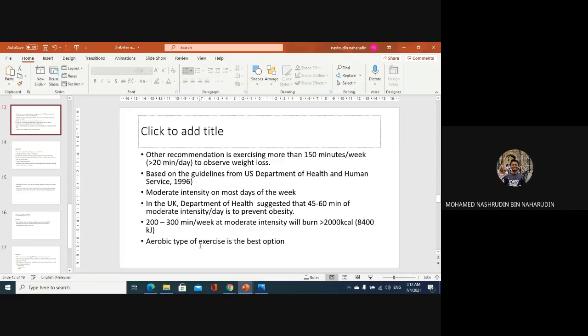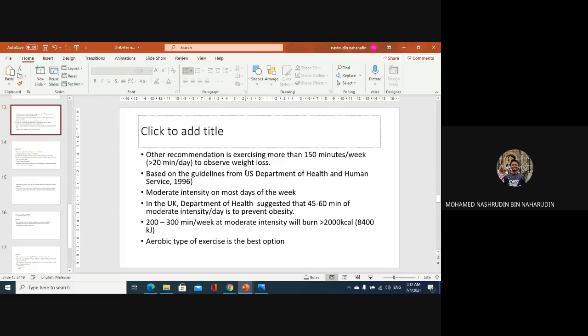So yeah, that's why aerobic type of exercise is the best option. And these are the prescription that how you can burn excessive fats. You have to keep in mind, this is the minimum for you to prevent and minimum for you to observe your weight loss.